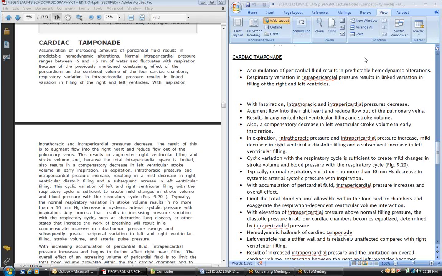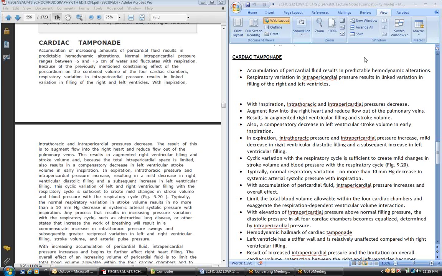So, with inspiration, you have augmented right ventricular filling. With expiration, you have a decrease in right ventricular filling for the tricuspid valve. With inspiration on the mitral valve, you have a decrease in left stroke volume.